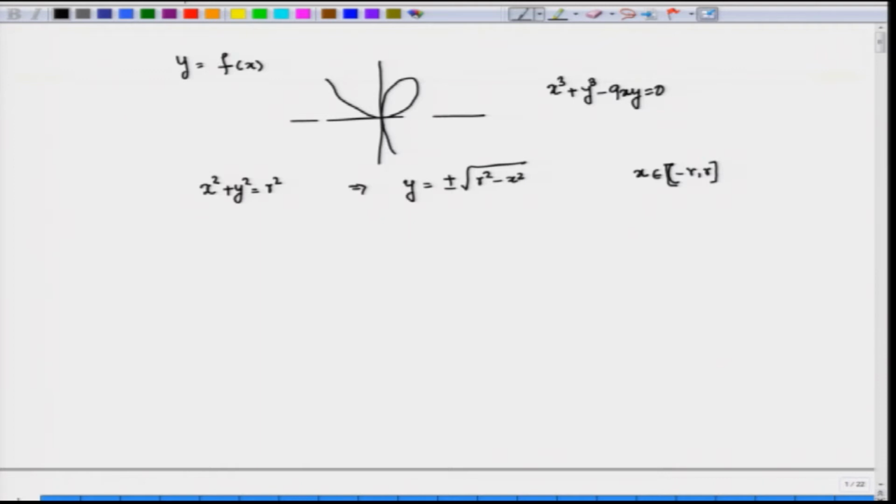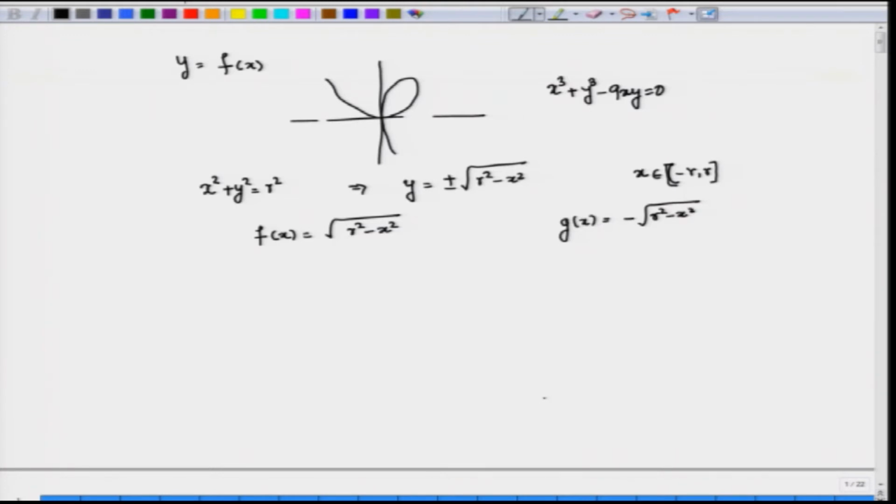Now let us define a function f of x equal to square root of r square minus x square, and g of x equal to minus square root of r square minus x square.